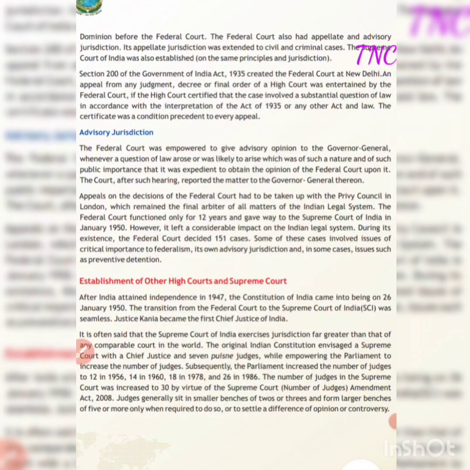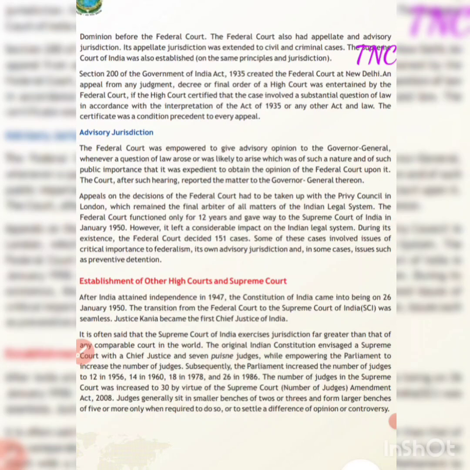It was established in 1935, so for the next 12 years, till 1947 when India got independence, the federal court was in existence, and then it got converted into the Supreme Court of India in 1950. However, it left a considerable impact on the Indian legal system.